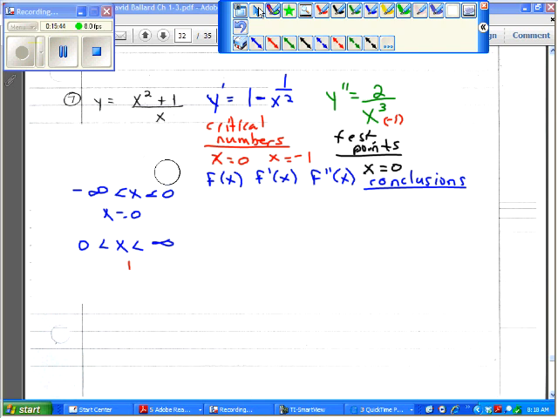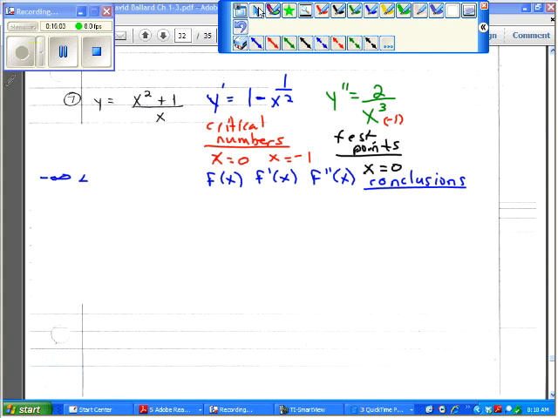So we're going to change our intervals up here. Sorry about that. I was thinking as I was doing that, that 1's going to create a second critical number, and I didn't go with it. That teaches us we really have to be thinking.